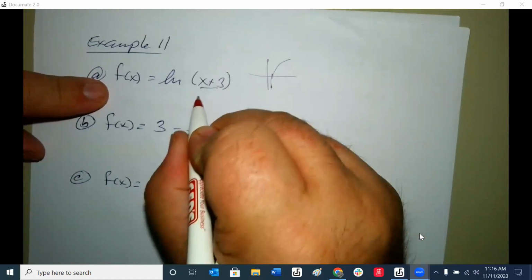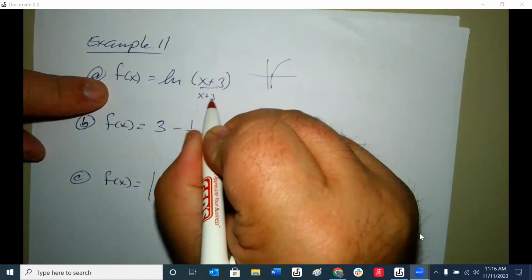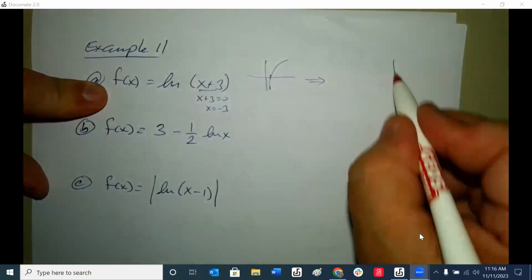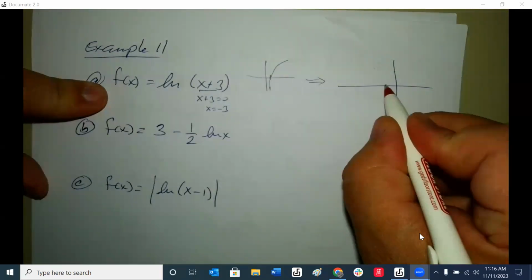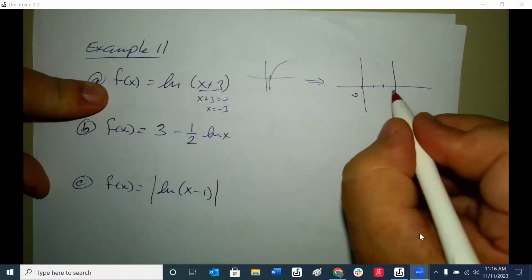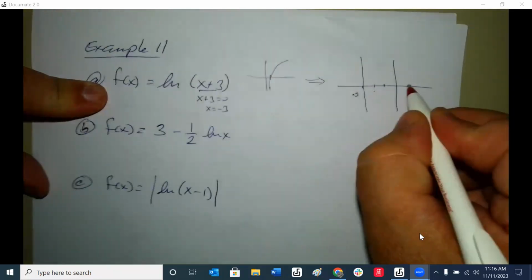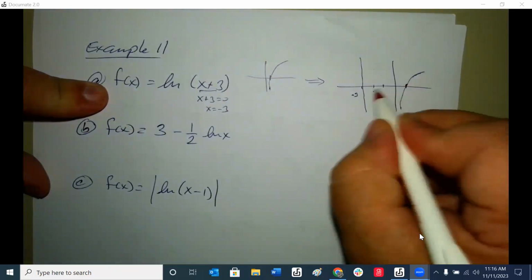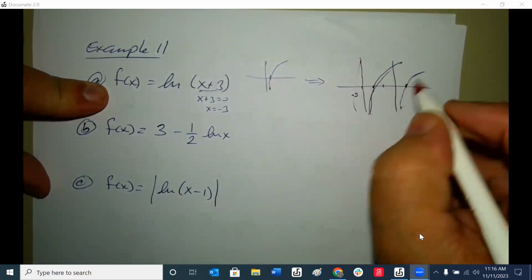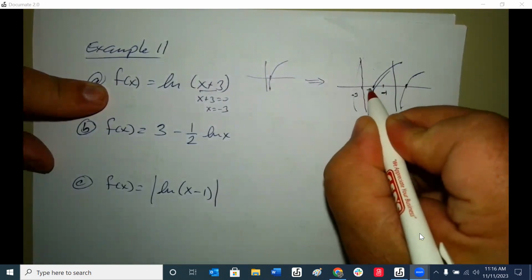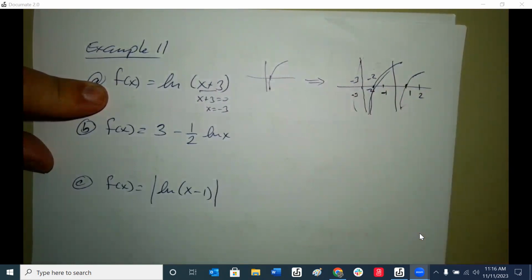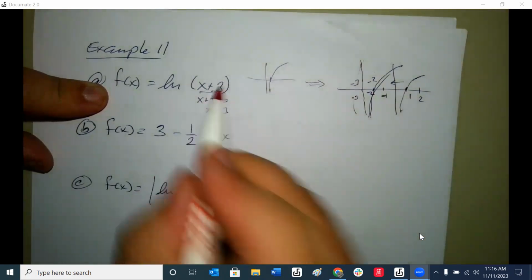But this is a horizontal shift because it happens inside the function. So this one shifts 1, 2, 3, back to negative 3. It used to graph through here, so now, since this is our new y-axis, it still graphs through that one. So it just shifts back 3 spaces.